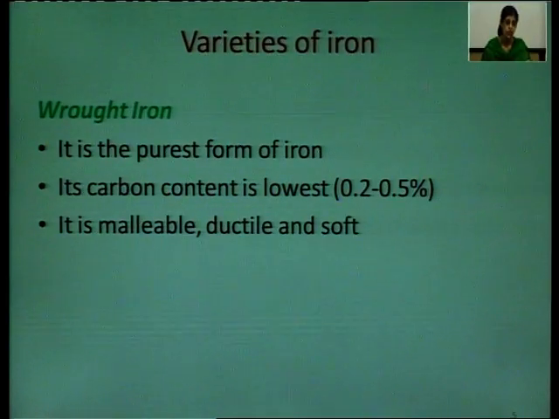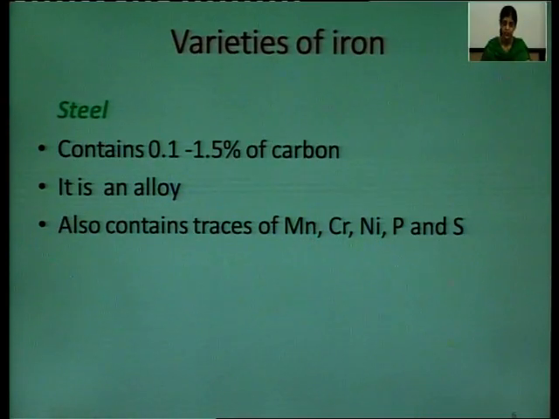The next form of iron that we are studying, that will be the steel. Steel contains 0.1 to 1.5% of carbon besides iron, and it is an alloy. Basically, steel is an alloy of iron and it contains traces of manganese, chromium, nickel, phosphorus and sulfur.